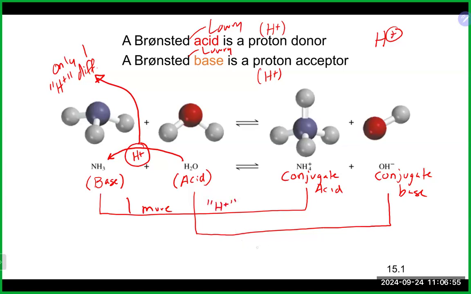The conjugate base has one less H+ as it goes to the other side. That is the only difference there can be when you're comparing Bronsted-Lowry acids and conjugate bases and bases and conjugate acids. The only difference between them can be that H+ difference. Any questions on that?